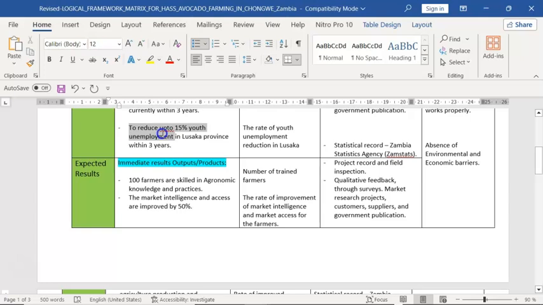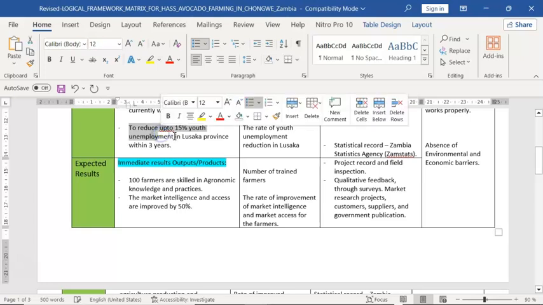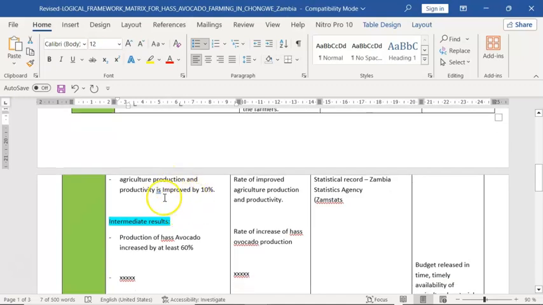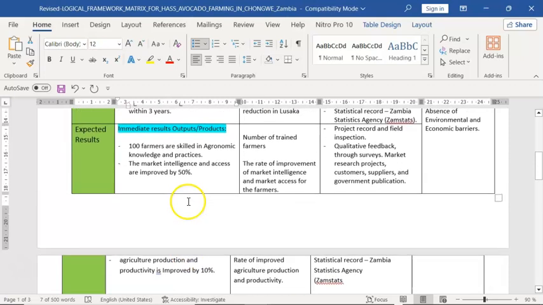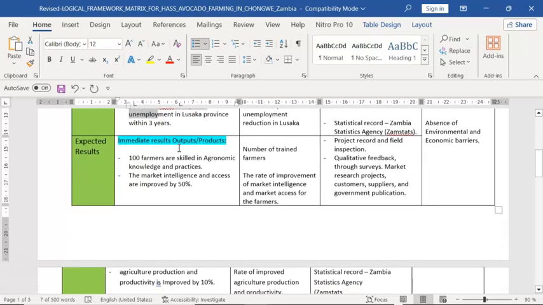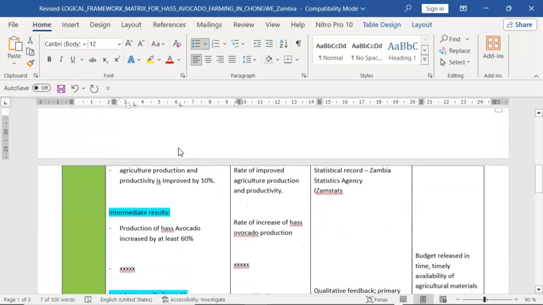the objective was to reduce up to 15% unemployment rate. Here, the agricultural production and productivity. No, wait. It should be the same. To reduce up to 15% unemployment rate. So it should be the unemployment rate is reduced.